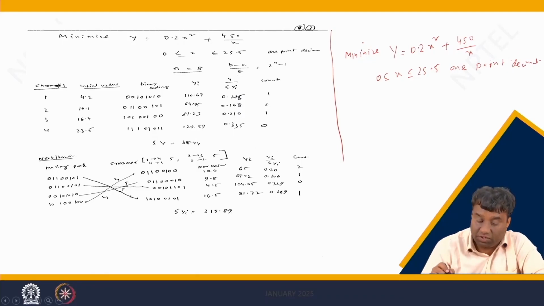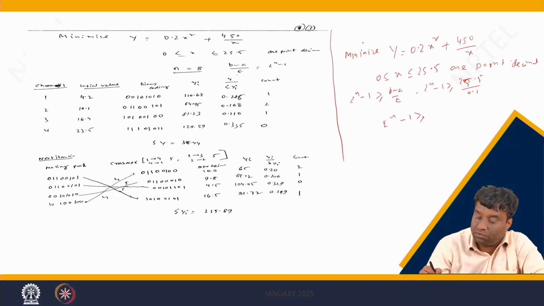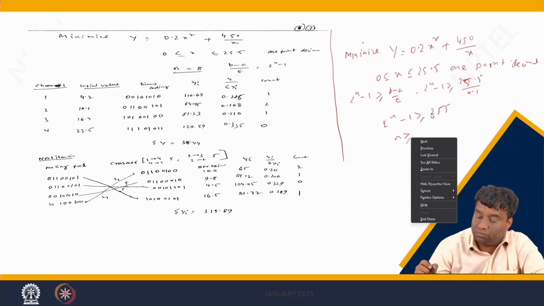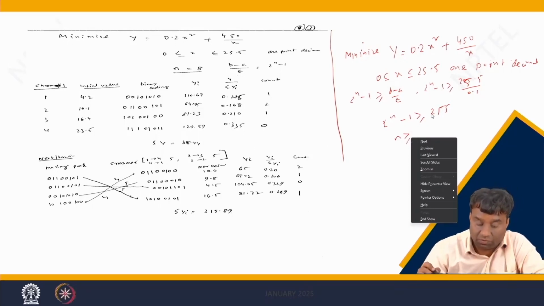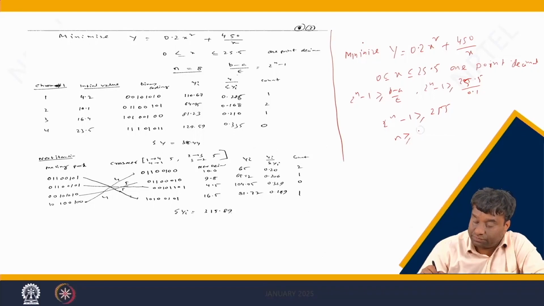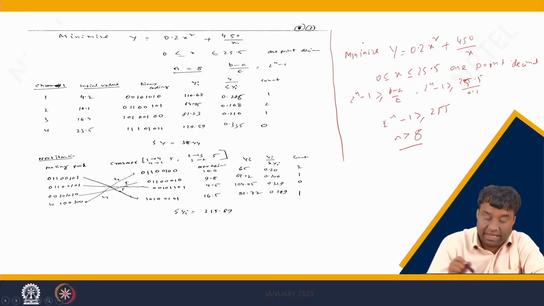You know that 2 to the power n minus 1 is greater than or equal to (b minus a) by epsilon. So here 2 to the power n is greater than or equal to 25.5 divided by 0.1, that is 255. So n is greater than or equal to 8. So there will be an 8-bit string.